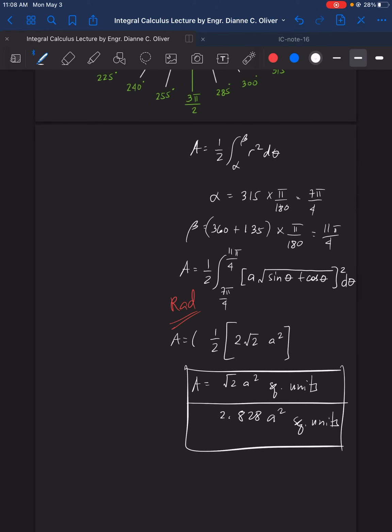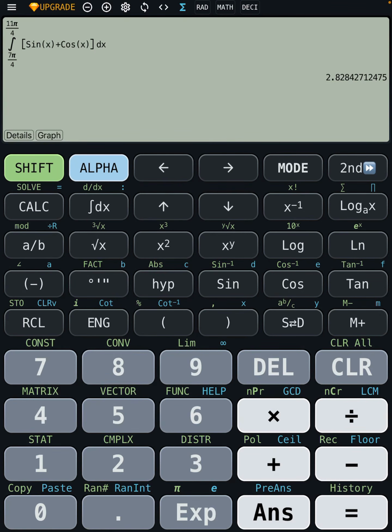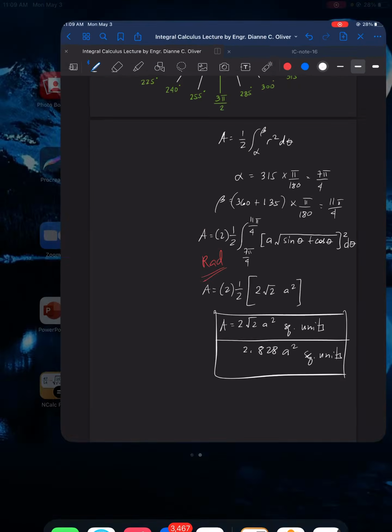Should put here times 2. Times 2 of that, so this becomes 2 square root of 2. That's what the calculator shows. So 2 square root of 2. Just need to verify. Okay, it's correct.